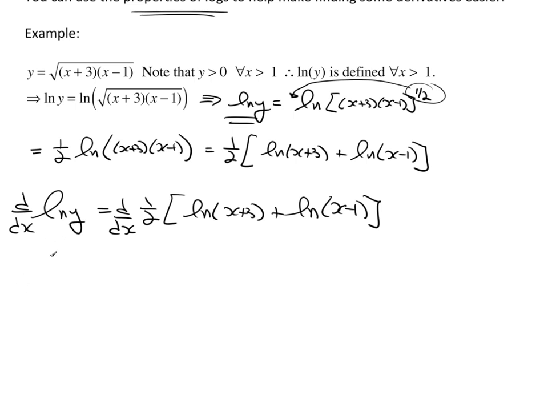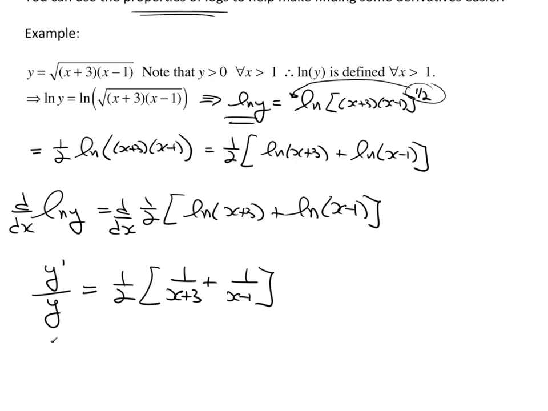This is going to be equal to, on the left-hand side, y prime, because it's a function of x, over y. The right-hand side is going to be 1/2 times the derivative of ln of x plus 3 is 1 over x plus 3. The derivative of ln of x minus 1 is going to be plus 1 over x minus 1.